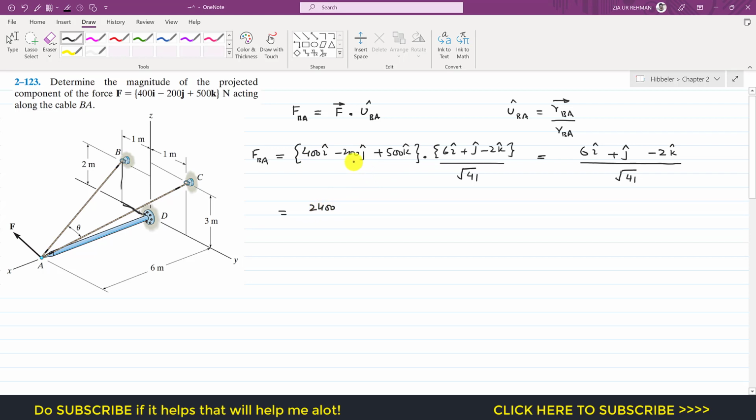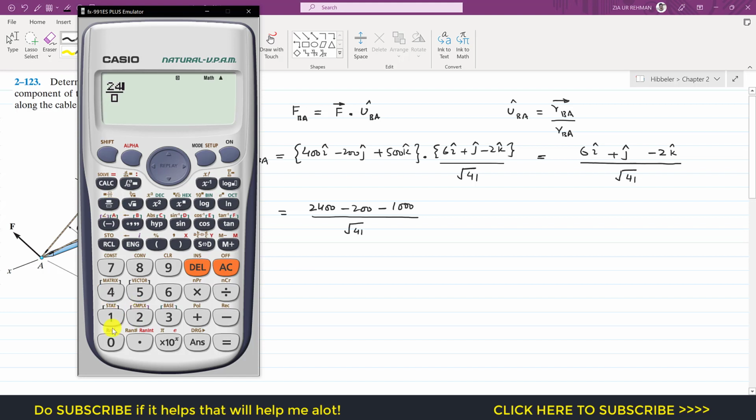i dot i is 1. Minus 200 into plus 1 is minus 200. And 500 into minus 2 is minus 1000. k dot k is 1. So it is divided by square root 41.